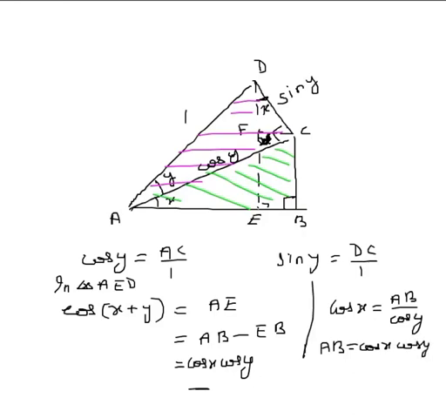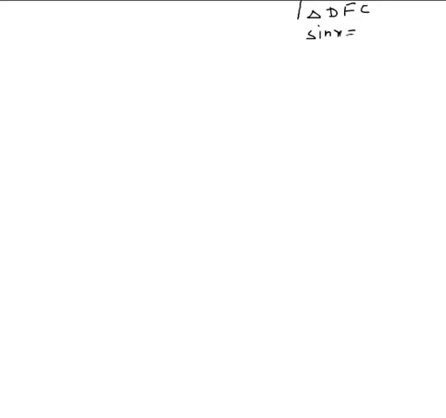minus, now EB I have to calculate. EB is equal to FC. EB length and FC length are equal. From that small triangle DFC, in that triangle let us find sin x. Sin x is opposite side by hypotenuse.